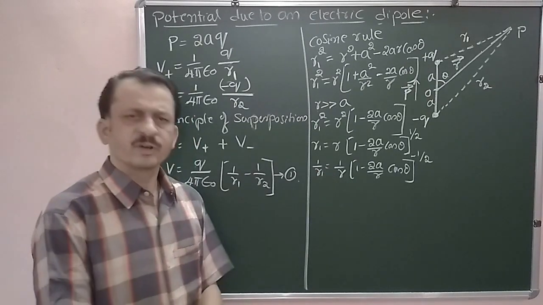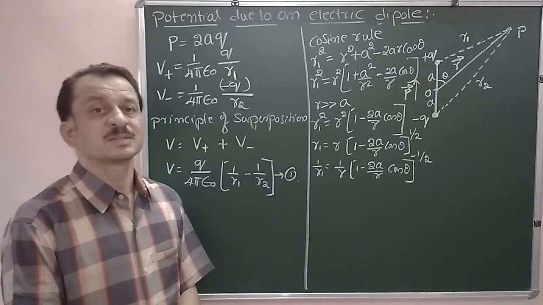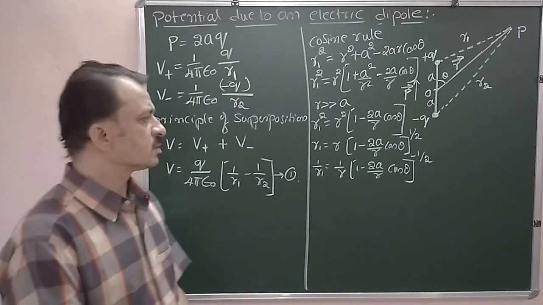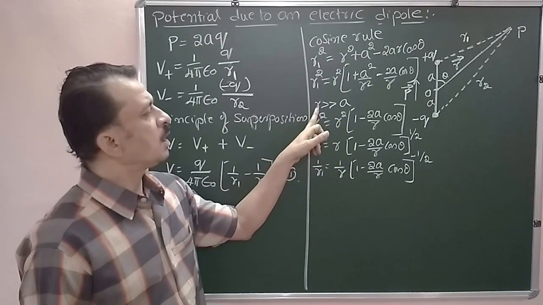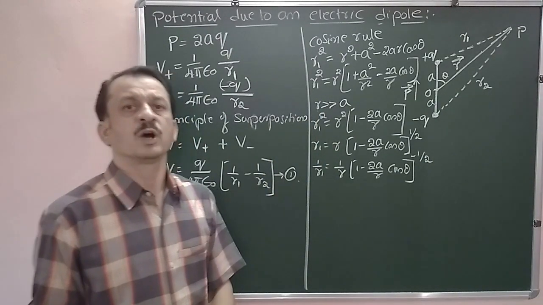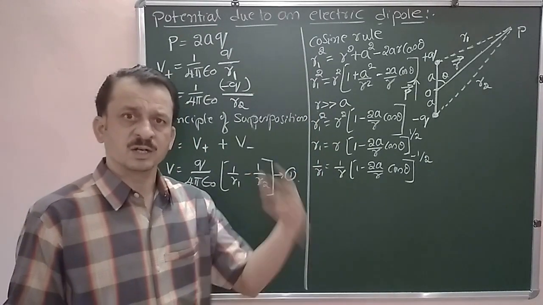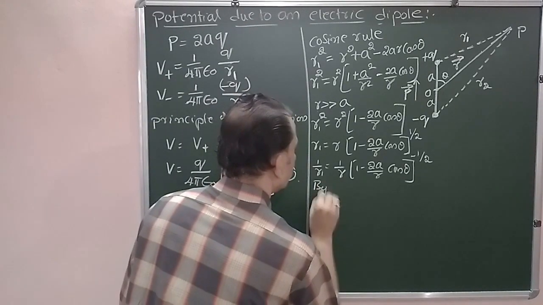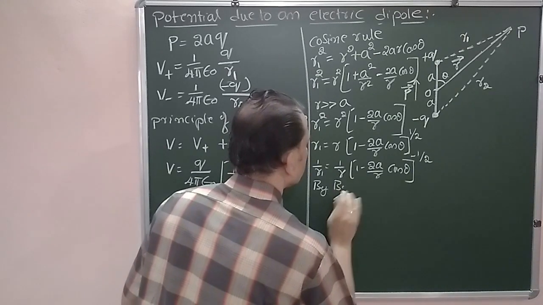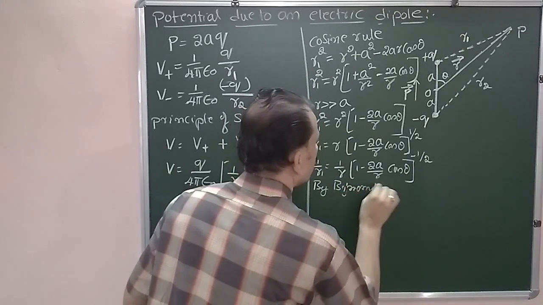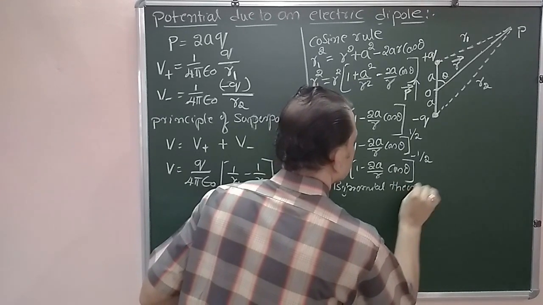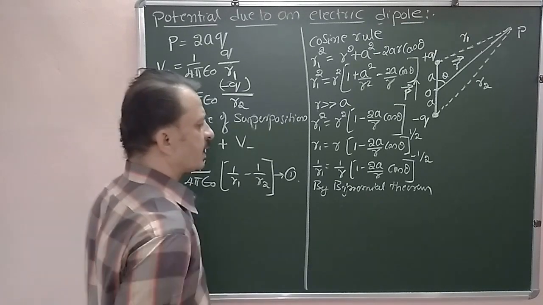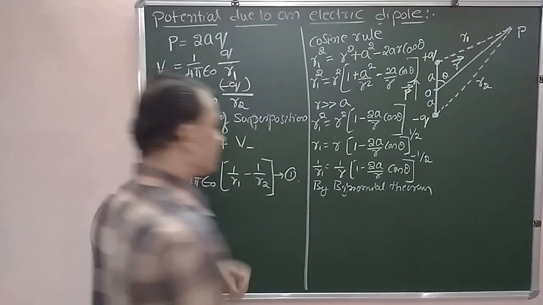Now from here we are going to make use of the binomial expansion and neglect the higher order terms, because we have already said r is very much greater than a. Therefore higher order terms of a by r become smaller and smaller. They can be neglected. Therefore by the binomial theorem, we will expand this expression inside the bracket, neglecting the higher order terms.